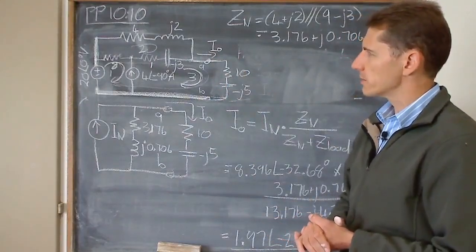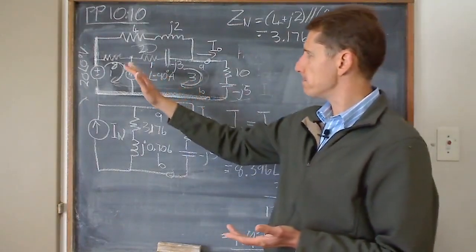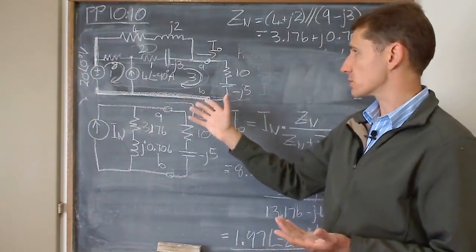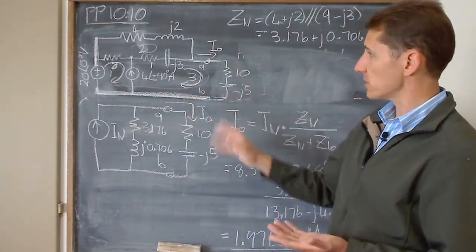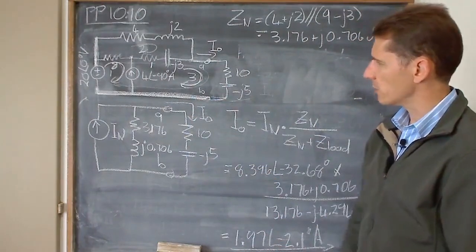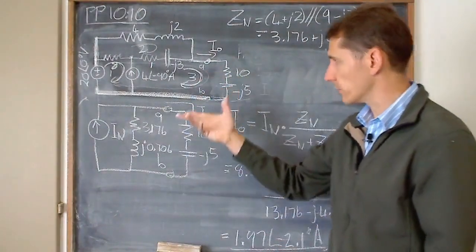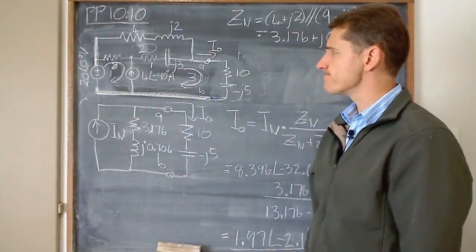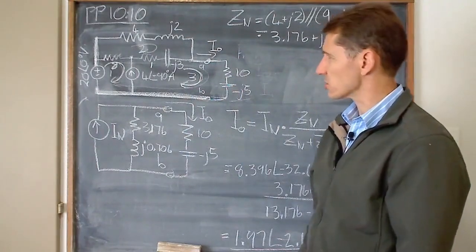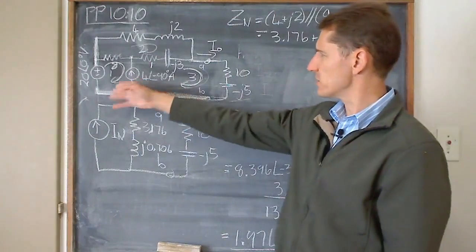You could have used nodal analysis, you could have used mesh analysis, almost like we did here, though you still would have ended up with three equations with that load connected in. Source transformation, not a chance, because you don't have anything in series or parallel there.